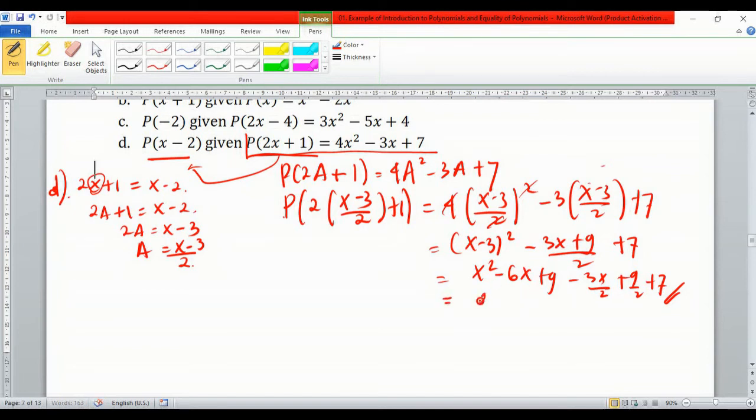So this one becomes 2x squared minus 12x plus 18 minus 3x plus 9 plus 14 over 2, right? So this one is 2x squared minus 15x and then 32 plus 41 over 2.